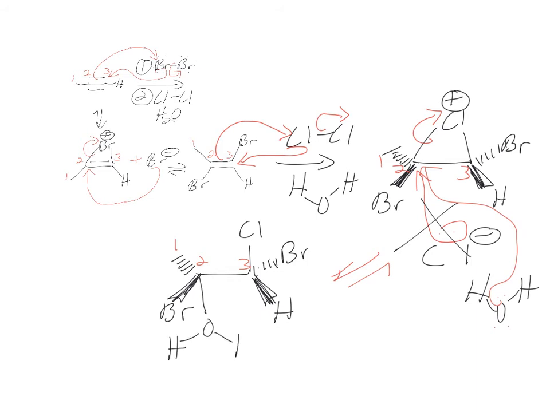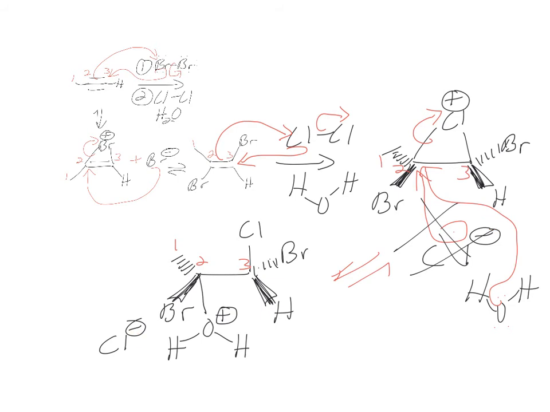Plus I need to balance my charge anyways. There still should be a Cl minus floating around, right? I ended up not using that here. To balance my charge from over here, there's a plus and a minus. That's net neutral. Plus and a minus, still good.